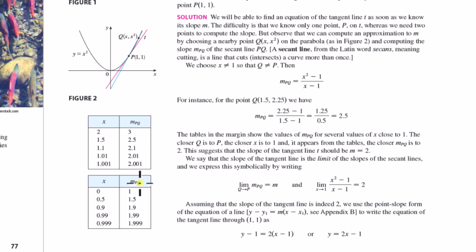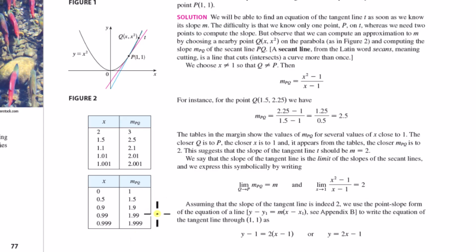Okay, and they actually did this same analysis coming from the other direction. We can extend this to think about what if Q is to the left of point P? They do a breakdown here. So x is approaching 1 from below 1, and you get the result you would expect: the slope of the secant line is approaching 2, but from below.